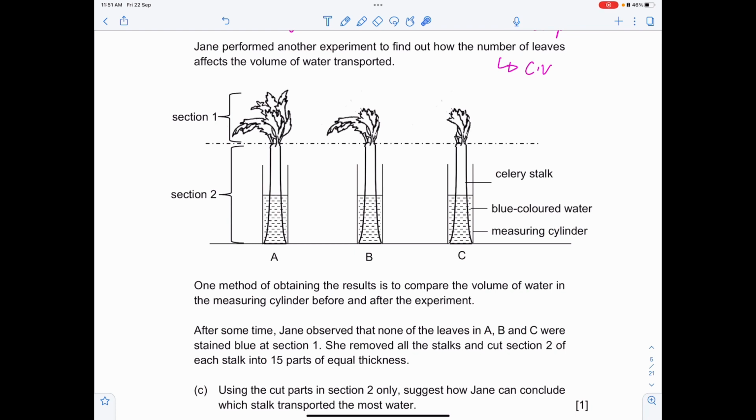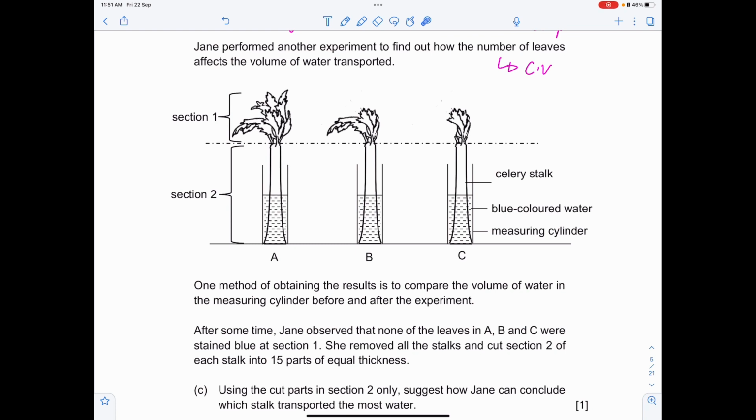So what you do is they cut into equal parts. So what you can do is label them. Because A is already here, I will use parts, maybe P, Q, R, S, etc. And then you want to see at which point it did not stain blue.